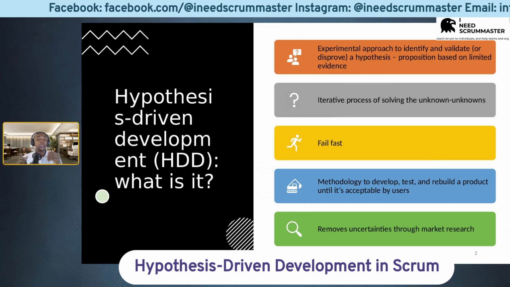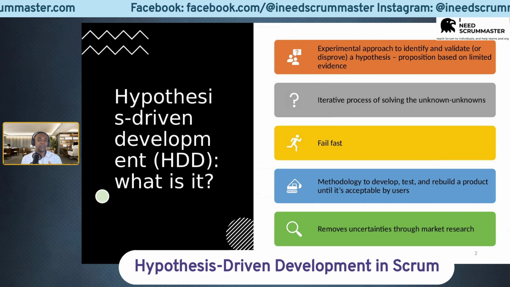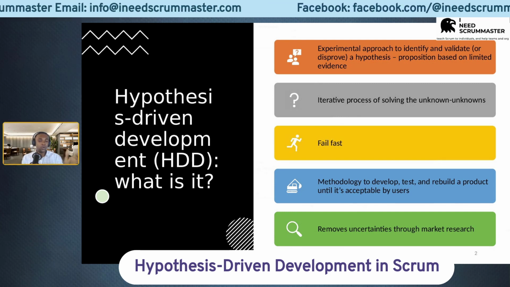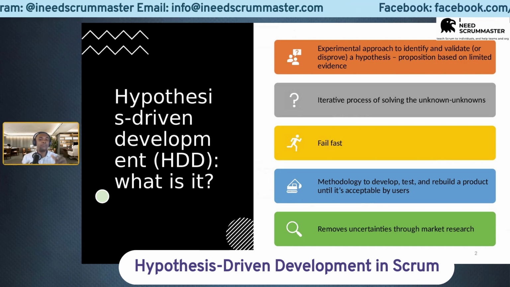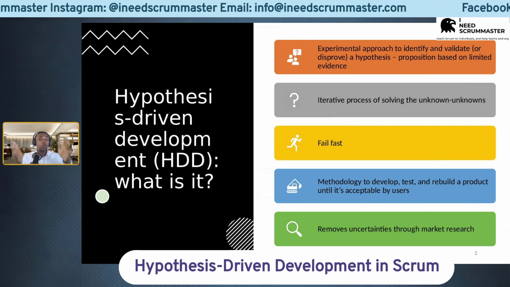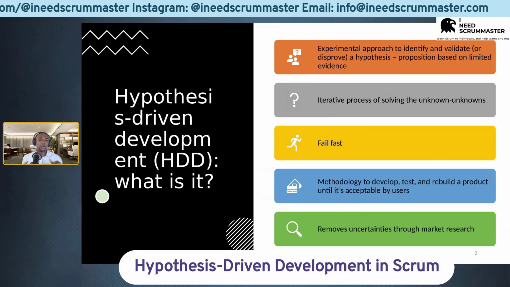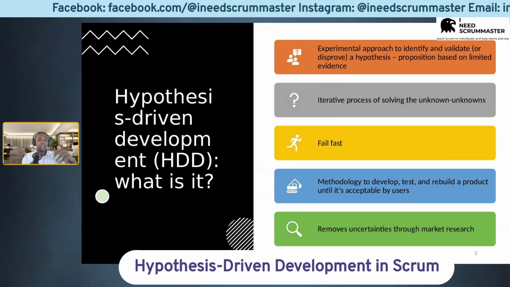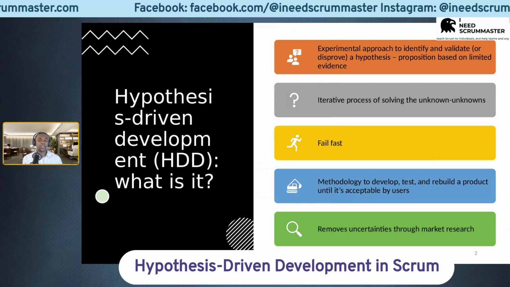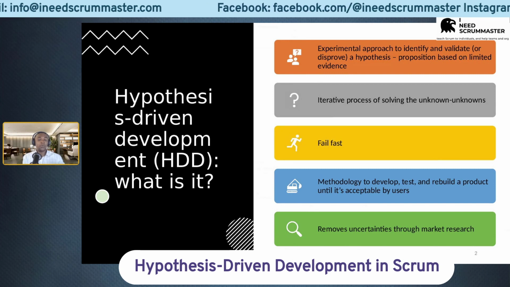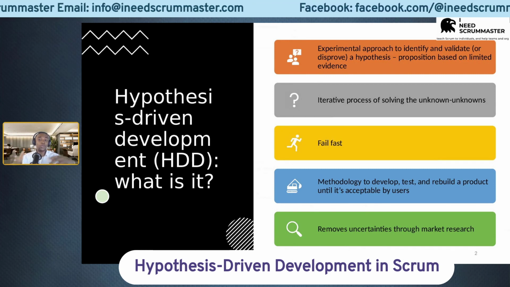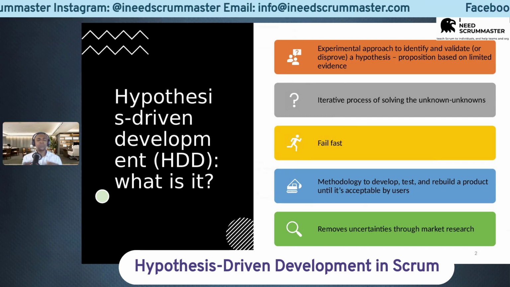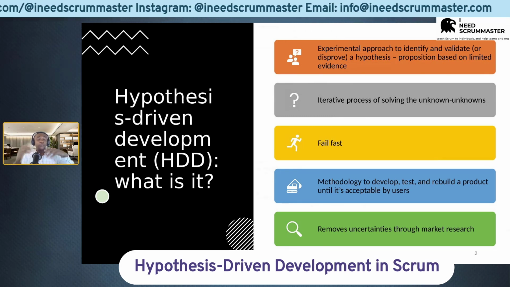So that is basically what hypothesis-driven development is. Hypothesis is when you make a proposition, right, based on limited evidence of what you have. So I'm using the example of when you were in high school. I mean, all of us went through high school and college, right? There were those times when you were asked to go and embark on a research, and then provide the outcome of your research in the classroom, whether you did it in a group setting, or as an independent student. However, it is just a way of failing fast, right?